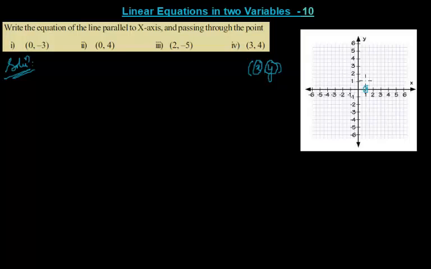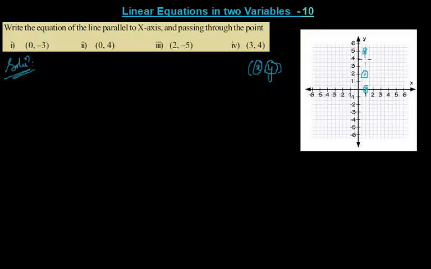Again, if you take 1, 2, that means it is 1 unit away from y-axis and 2 units away from x-axis. I'll be getting this point. Now let us take another point which is having 1 as the x coordinate and 5 as the y coordinate. Then I can mark this point here.